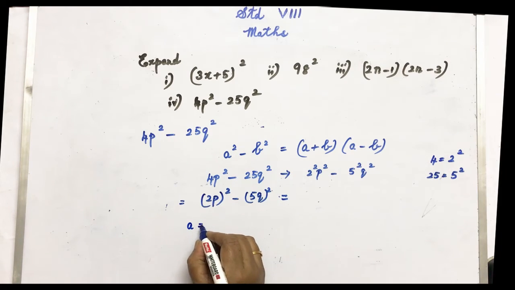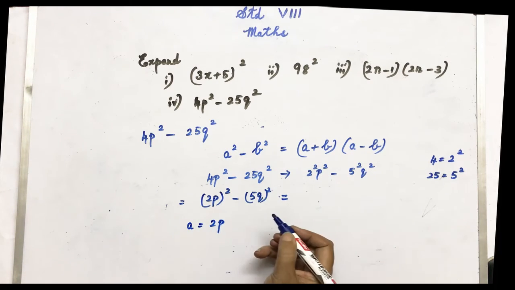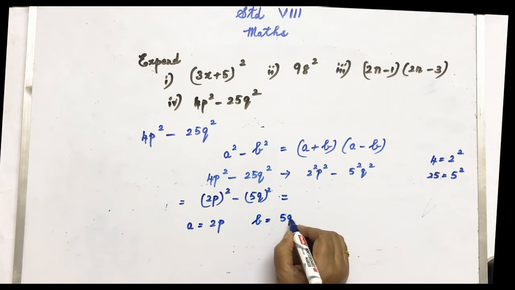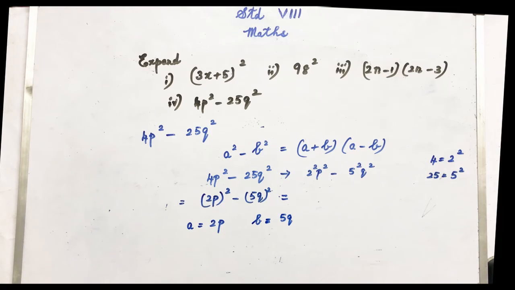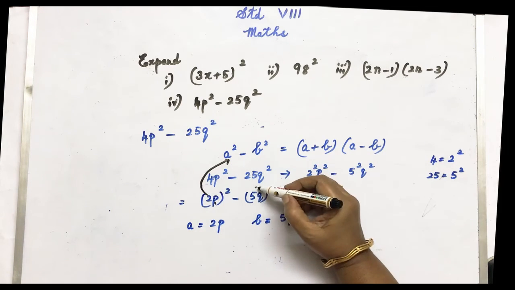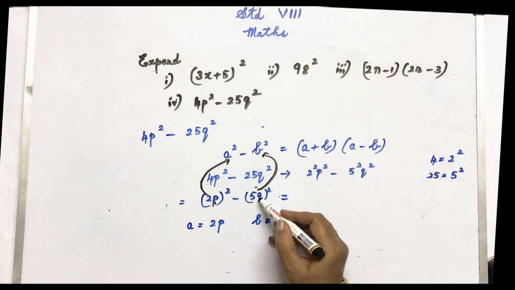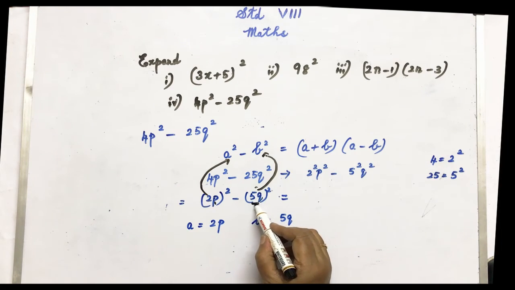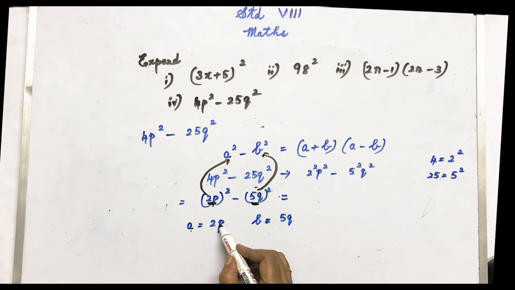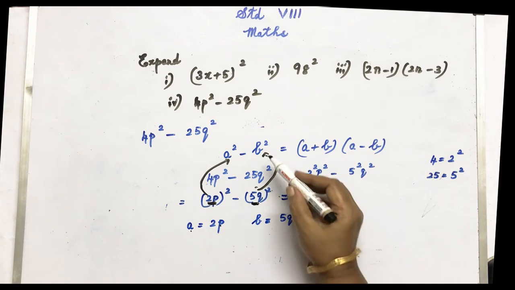In the place of a we are having 2p, and in the place of b we are having 5q. Just to see the identity and compare, this one is a squared and this one is b squared. So a is equal to 2p and b is equal to 5q.